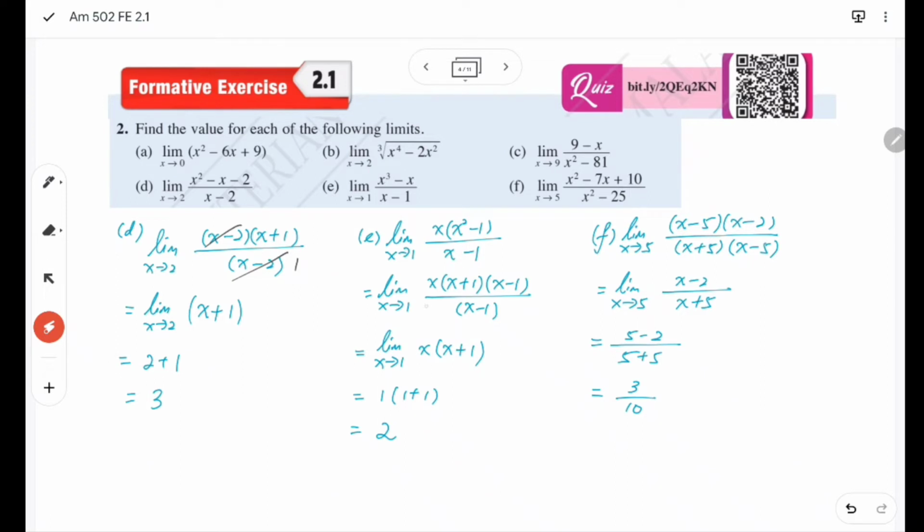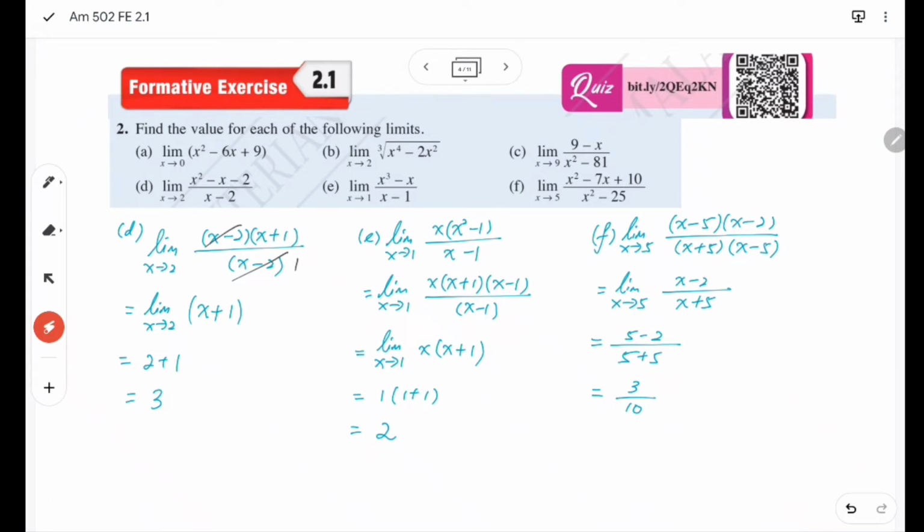To completely factorize, we get x times x plus 1 and x minus 1 divided by x minus 1. There we have common factor, x minus 1. After cutting off, we are left with only x times x plus 1 for the limit when x tends to 1. Now, if we do substitution, we get 1 times 1 plus 1. Then we get 1 times 2, which is 2.